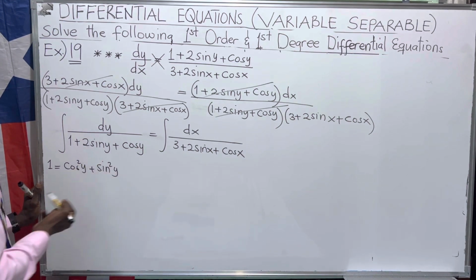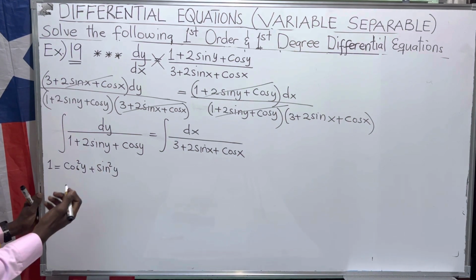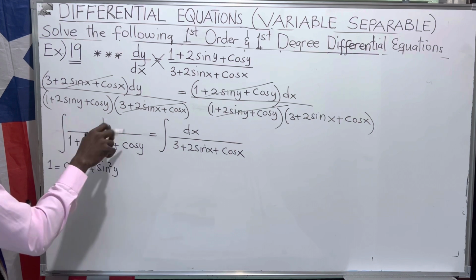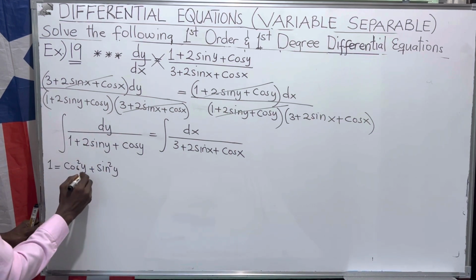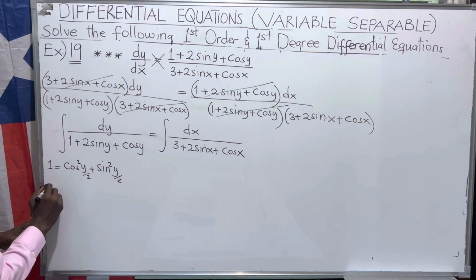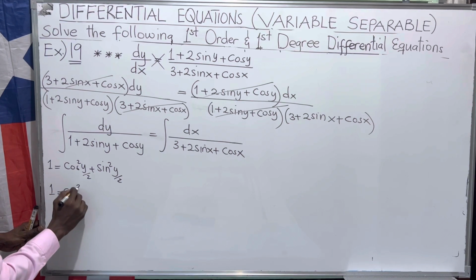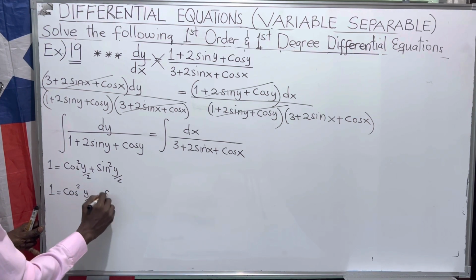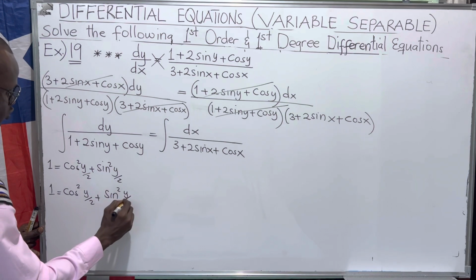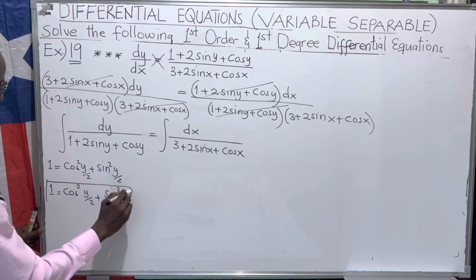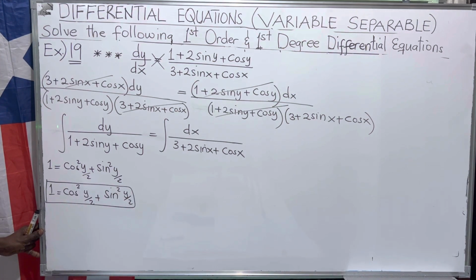But since the angle that we want to deal with is like half angles, so that we can be able to solve this integral problem, we can divide all angles by 2. So we have 1 to be equal to cos square y over 2 plus sine square y over 2. So this is the first formula that we need.